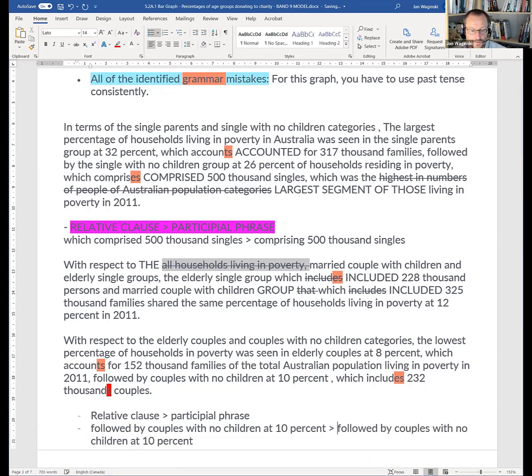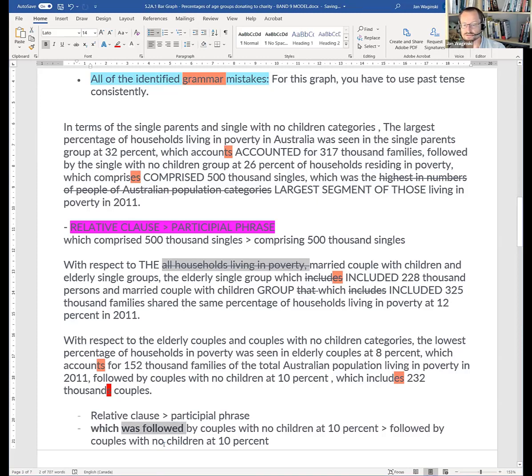This was originally "which was followed by." If you've got a passive verb, does everyone see that this is passive voice? Does anyone have any questions when I say passive voice, active voice?